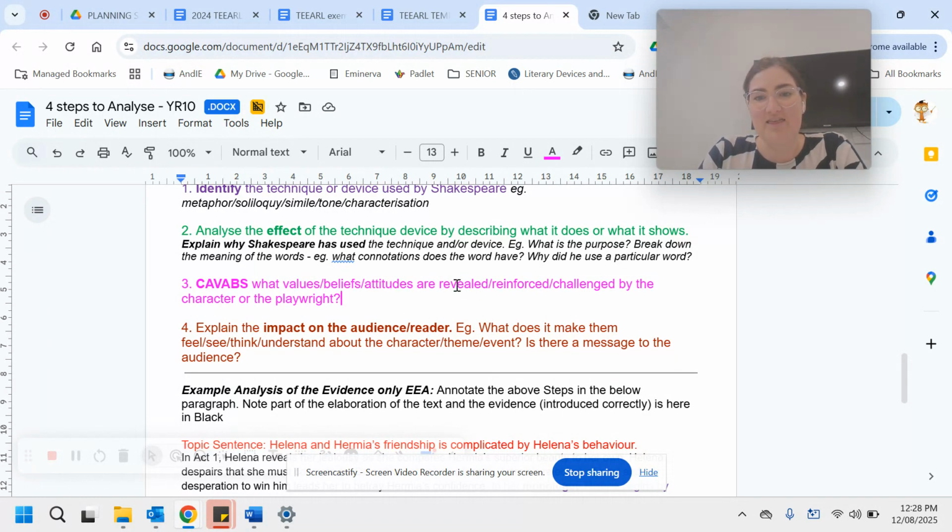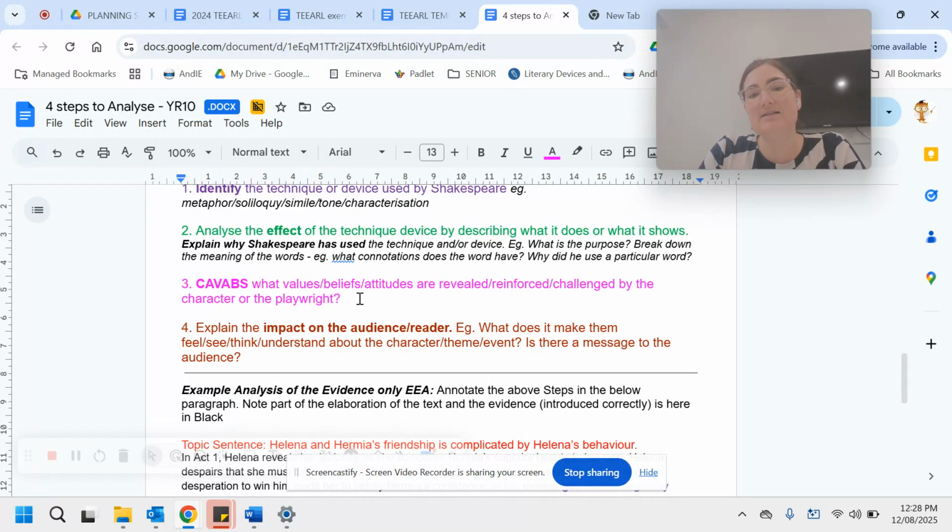Obviously, that is revealed by Helena and her behavior, and it reinforces the gender stereotypes of the time. Now, that challenges our view of women today because it's not how we see women anymore, but it's the values and the beliefs that were around at the time that the text was created.